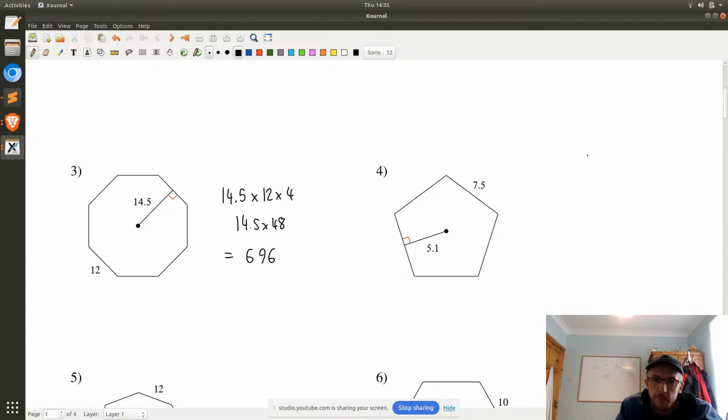There. The apothem times the side length times the number of sides, all divided by 2.